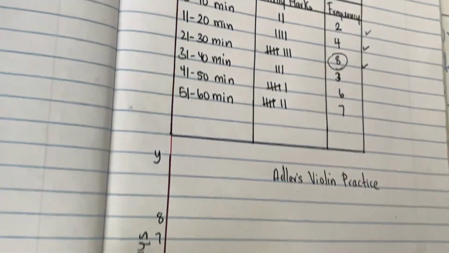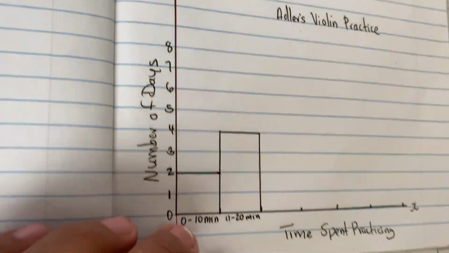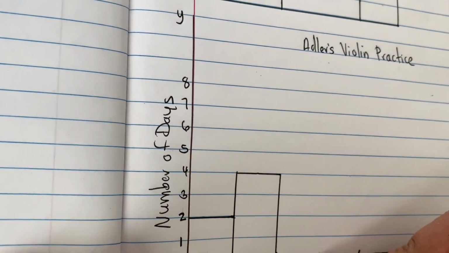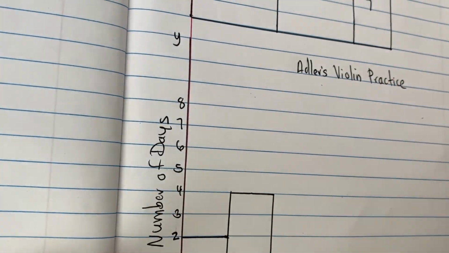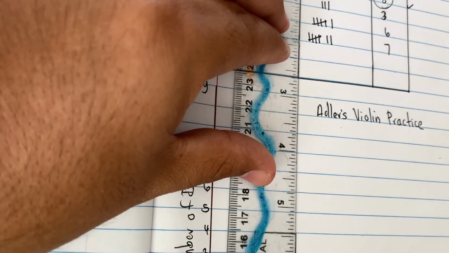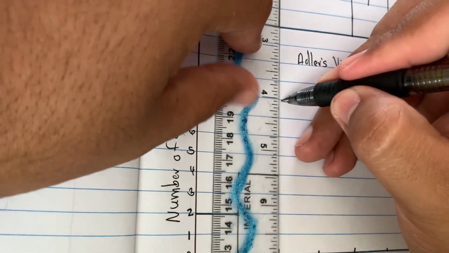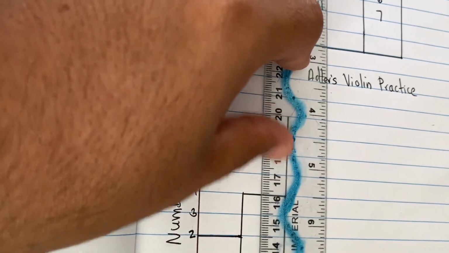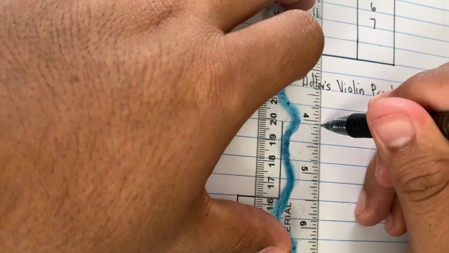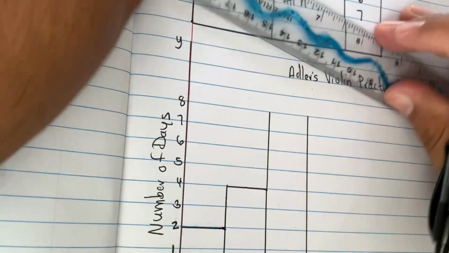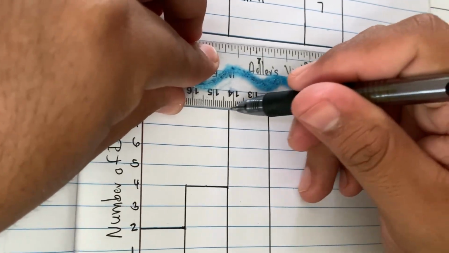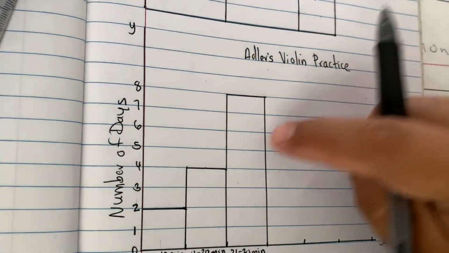Then we go to the other one, which is 8, and that would be from 21 to 30 minutes. That becomes all the way 8. It's very easy. Once you understand how to do your frequency table, it's easy for you to transfer your data. Remember, another word for data is information. And boom, we have done the one for 8.